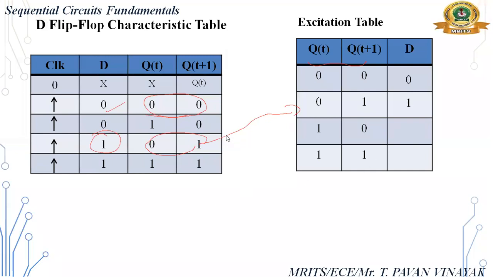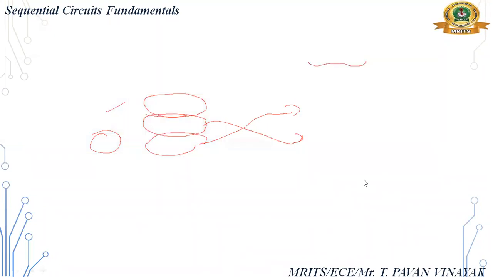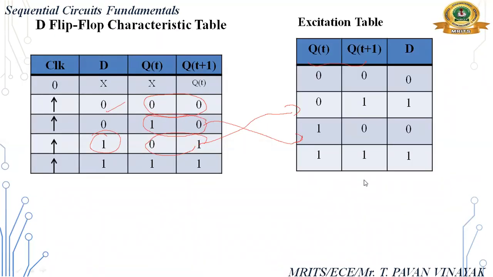Next 1, 0 is found at this one, so D value is 0. Next 1, 1, D value is 1. This is the excitation table of D flip-flop.